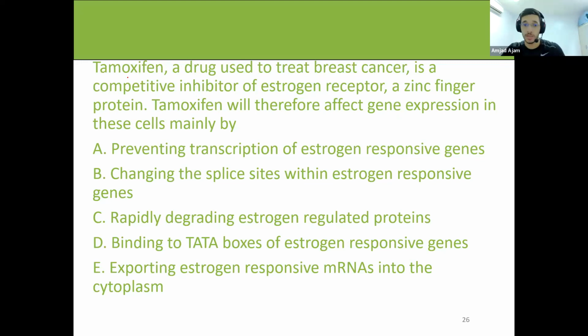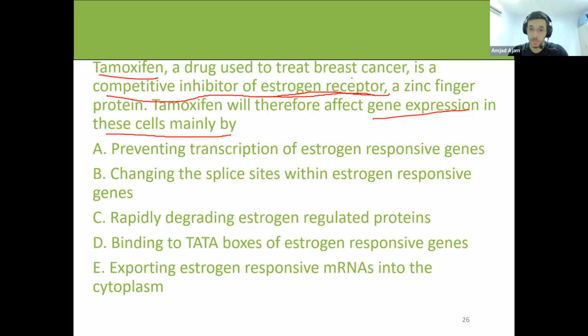Tamoxifen, which is a drug used to treat breast cancer, is a competitive inhibitor of the estrogen receptor. Okay, so once you give this drug, the estrogen receptor in the nucleus will be inhibited. Tamoxifen will therefore affect gene expression in these cells mainly by how? When you give this drug, it will go to the nucleus and inhibit the estrogen receptor.